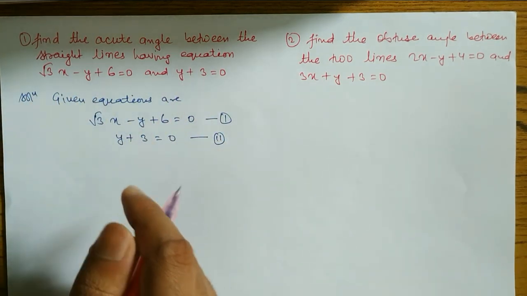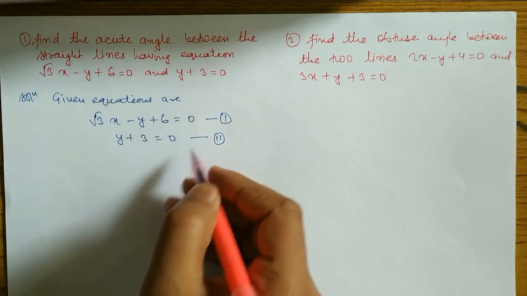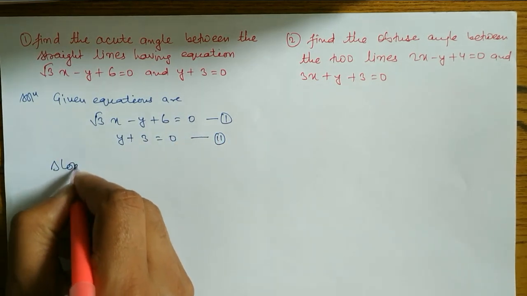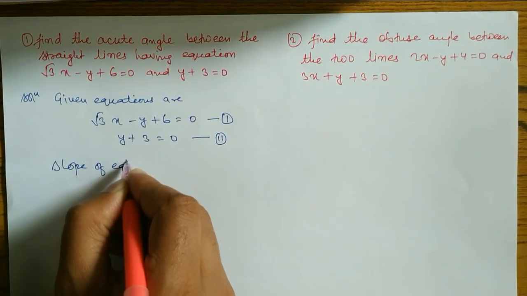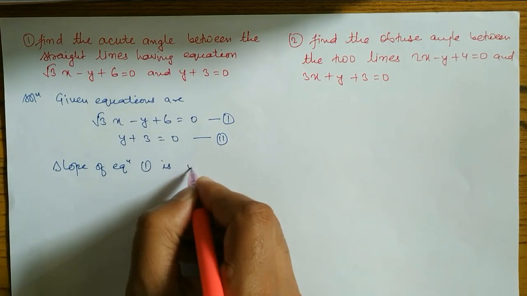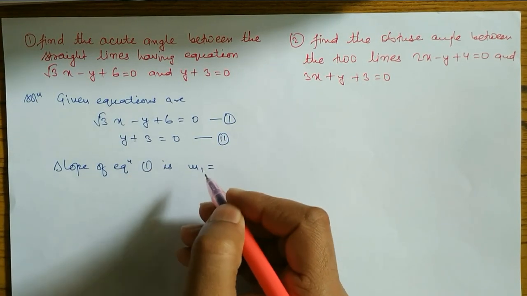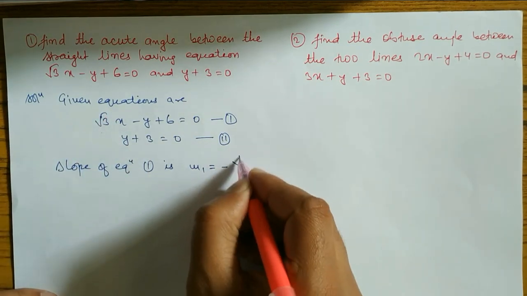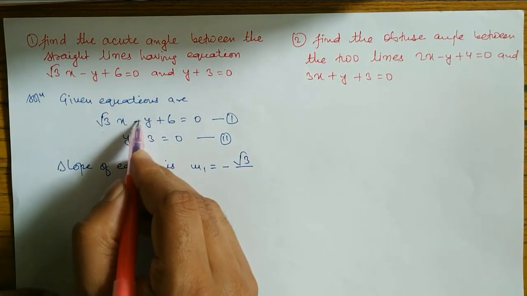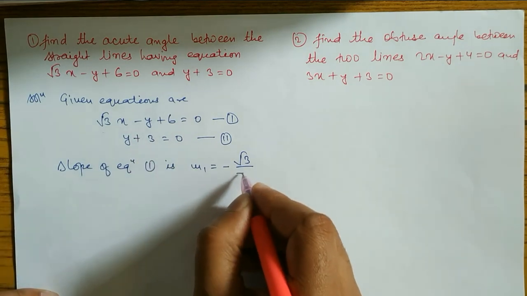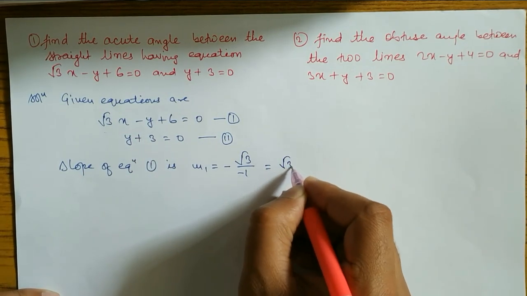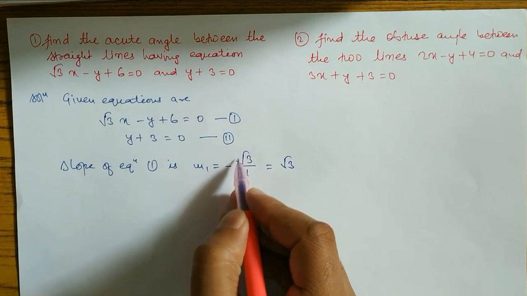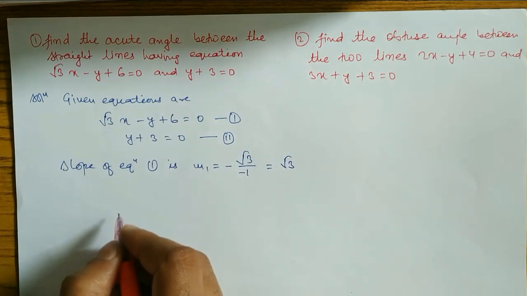Now we have to find the slope of equation 1 and the slope of equation 2. Slope of equation 1, m1, is equal to minus coefficient of x by coefficient of y. Coefficient of x is root 3, coefficient of y is minus 1, so m1 is equal to root 3. Slope formula: minus coefficient of x by coefficient of y.